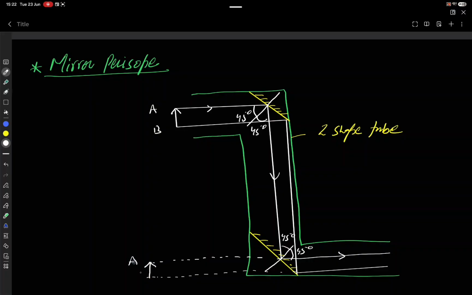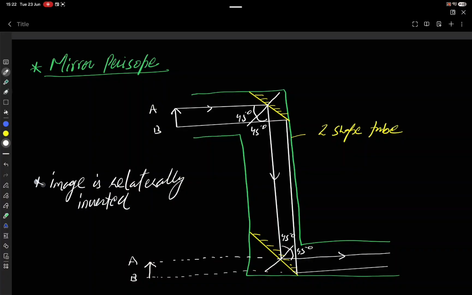The image has the same characteristics as the image in a plane mirror. The image is laterally inverted. The rest of the characteristics are the same as a plane mirror.